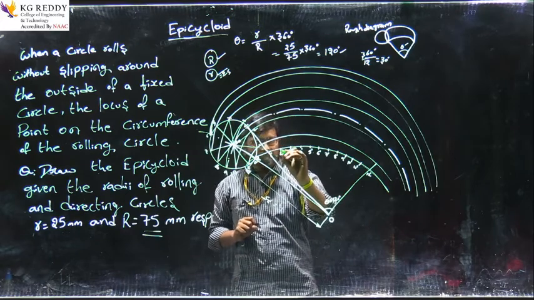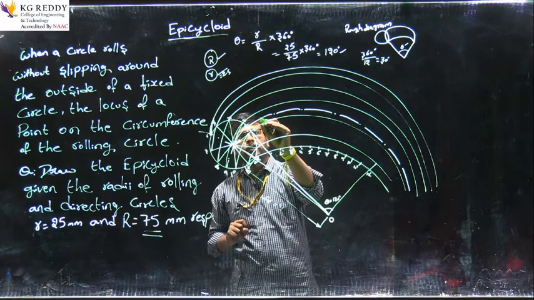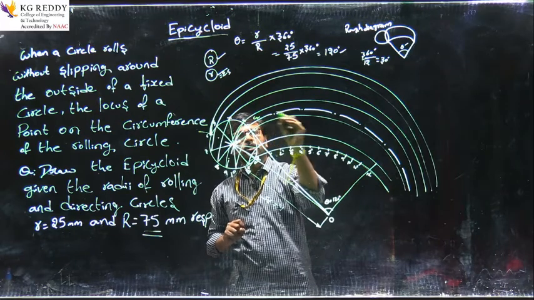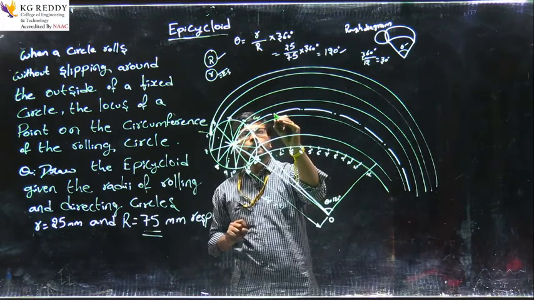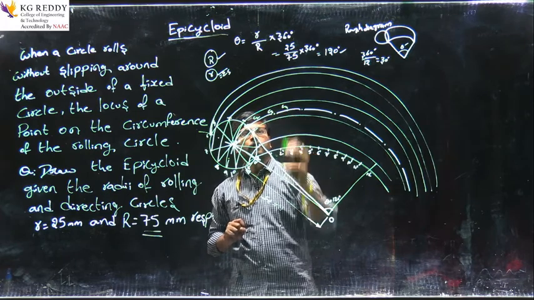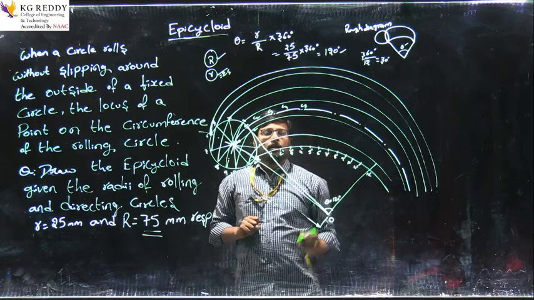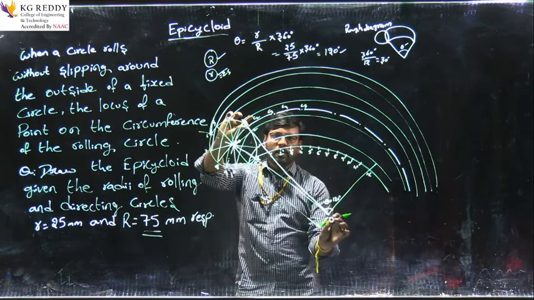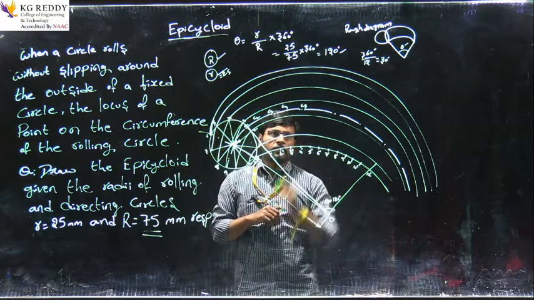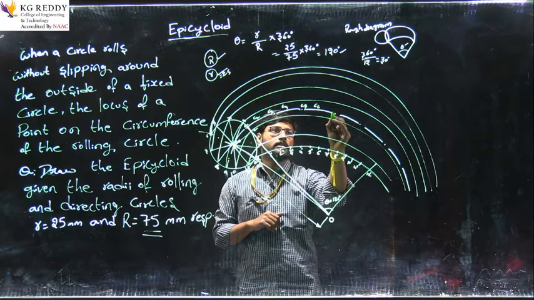In the same way, we have to repeat 0, 2 dash and extend it up to here, and this is C2 and C3, and here it is C4, and here it is C5. I am giving an example of how we are joining the center lines, and this is C6.